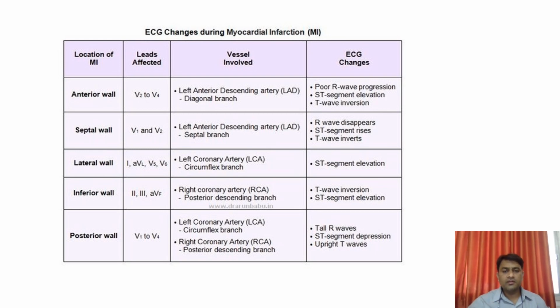Lateral wall: lead 1, AVL, V5, V6, left coronary artery, circumflex branch, ST segment elevation. Inferior wall: lead 2, 3, AVF, right coronary artery, posterior descending branch, T wave inversion and ST segment elevation.